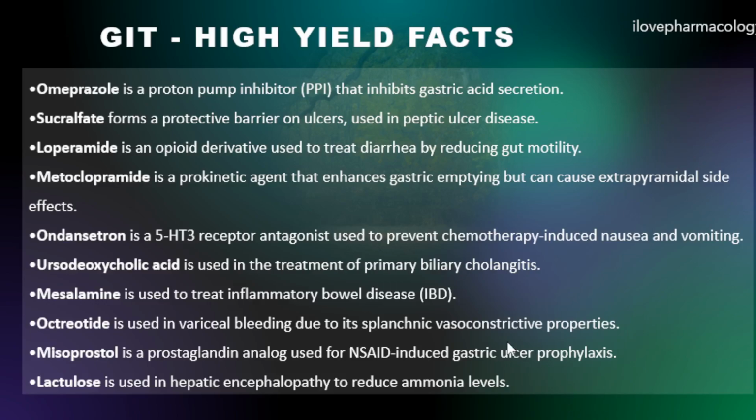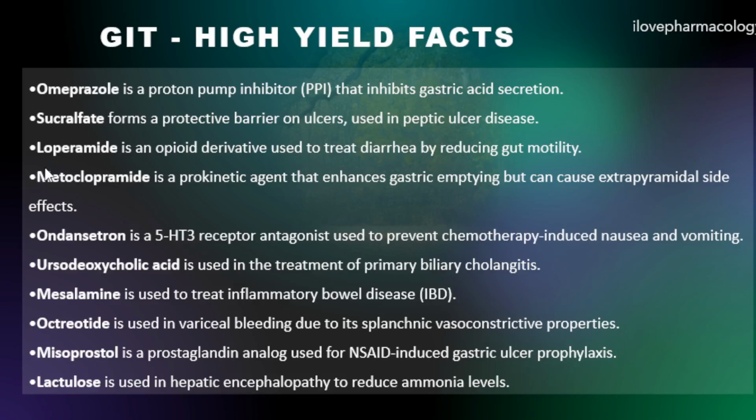So next are the facts about the GIT. Omeprazole is a proton pump inhibitor that inhibits gastric acid secretion. Sucralfate forms a protective barrier on ulcers and is used in peptic ulcer disease.